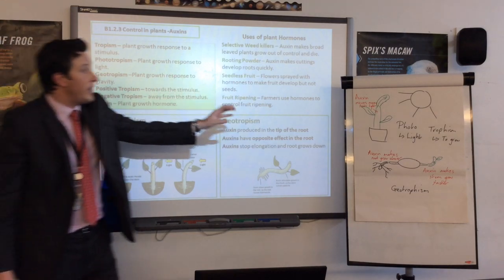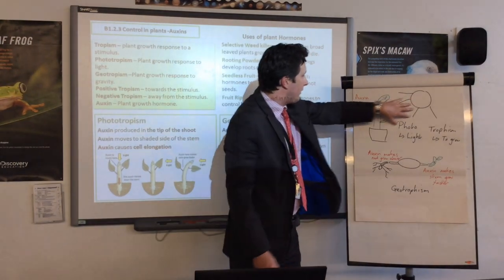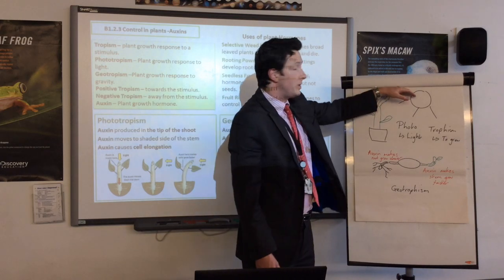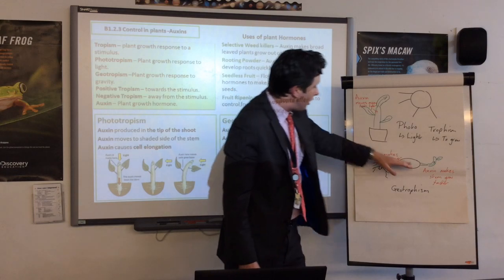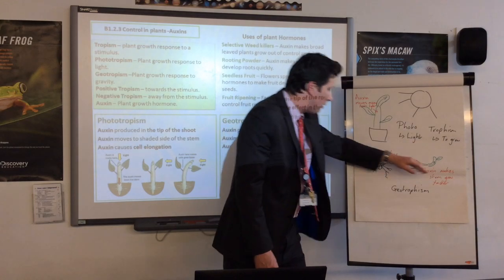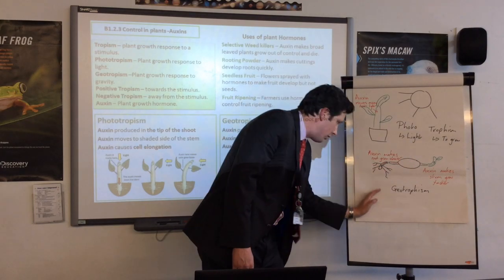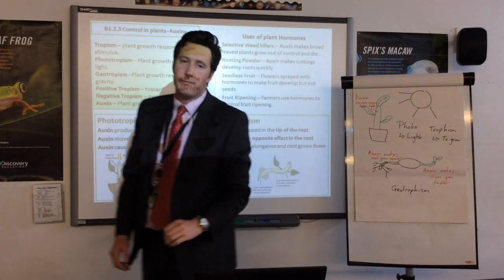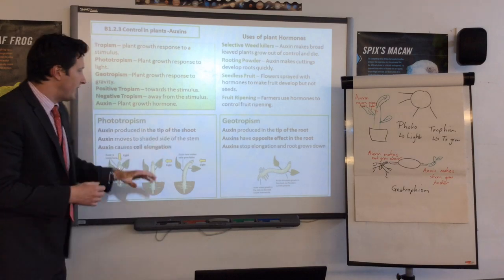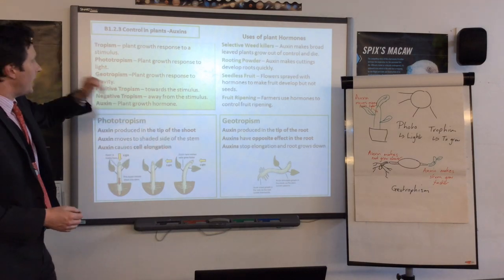The detailed bits is this bit, where auxin moves away from the light and then causes the stem to grow faster, so it bends towards the light, and it sinks down in the stem and the root, and that's what makes the root grow down and speeds up the stem so it grows up. Okay? So that's the detail of it. The basics are just here.